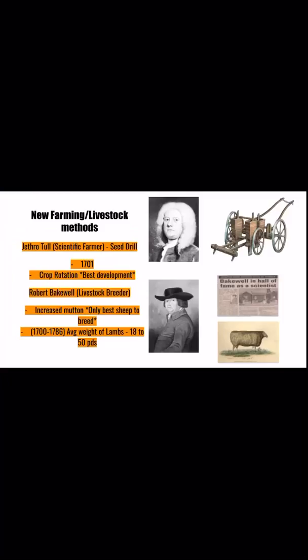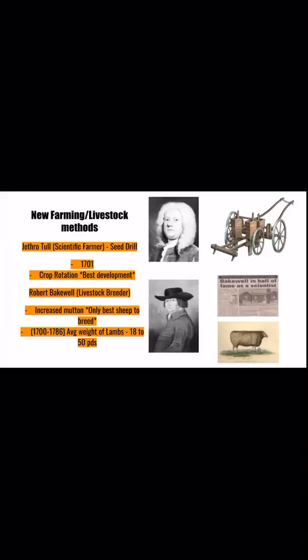New farming and livestock methods. Jethro Tull, a scientific farmer, created the seed drill in 1701. Scientific farmers were noted for creating crop rotation, which was credited for being the best development.